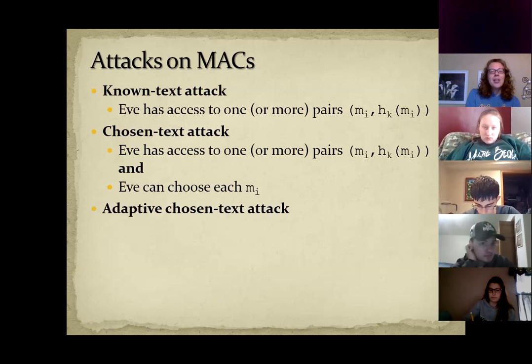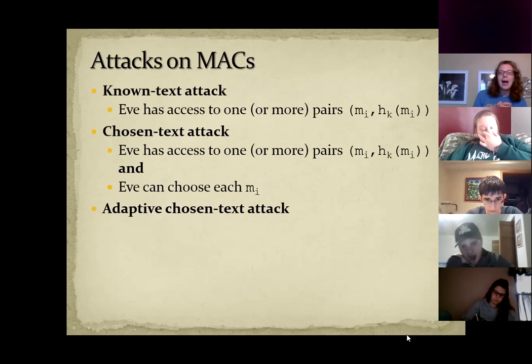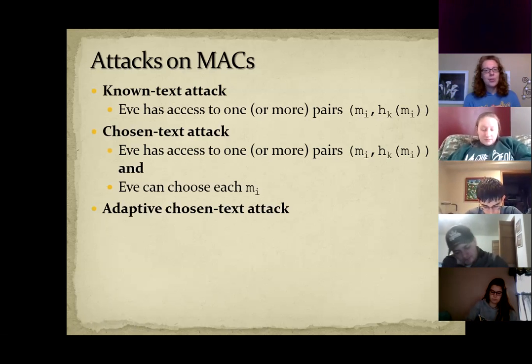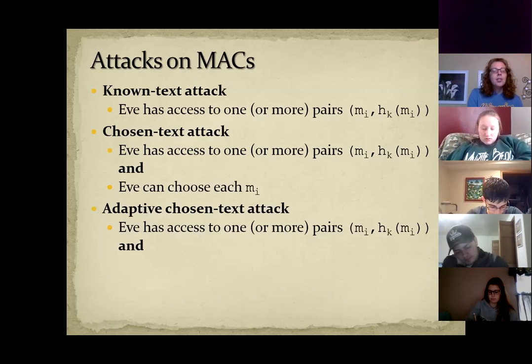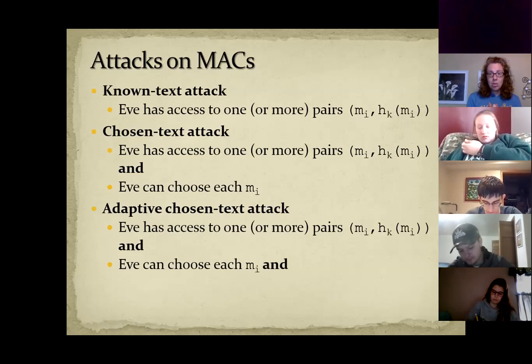All right. The third one, the most control that Eve possibly has, is called an adaptive chosen text attack. So it's the same as the first two. She has access to these pairs. She can choose each message, okay?